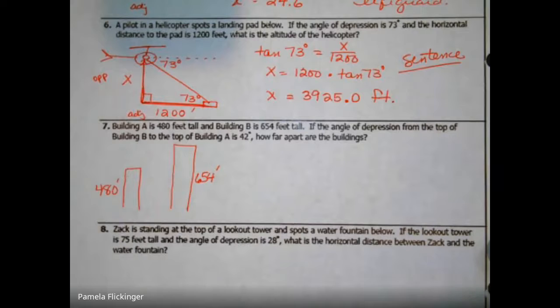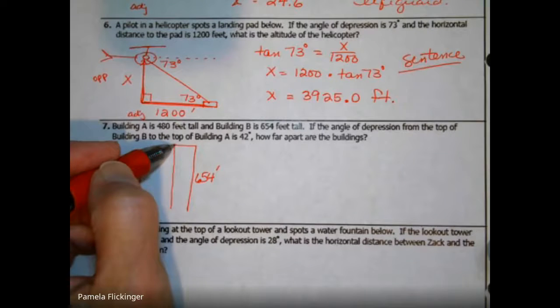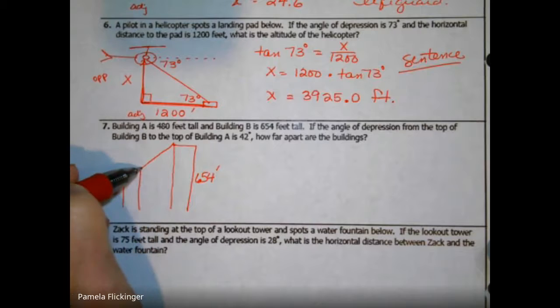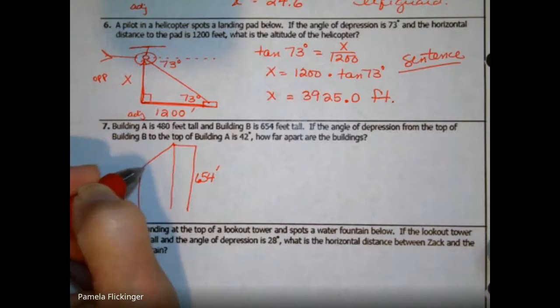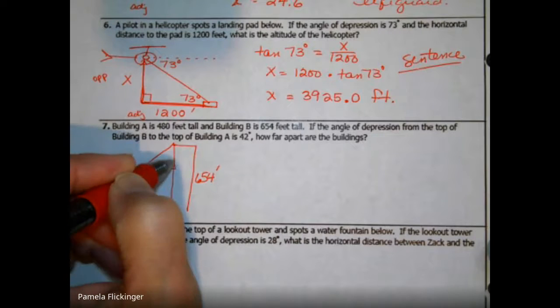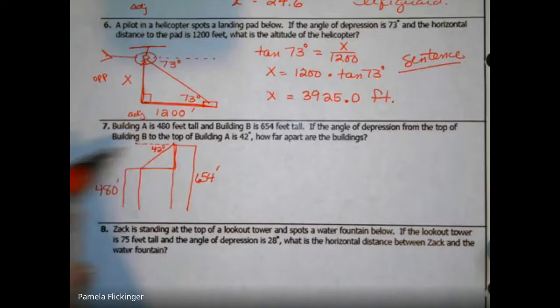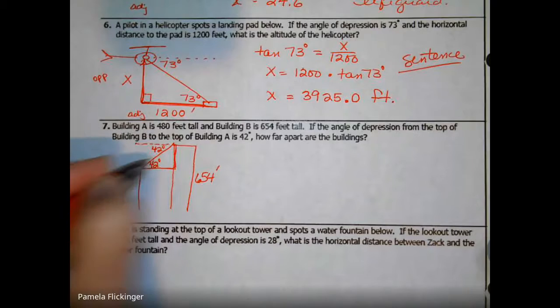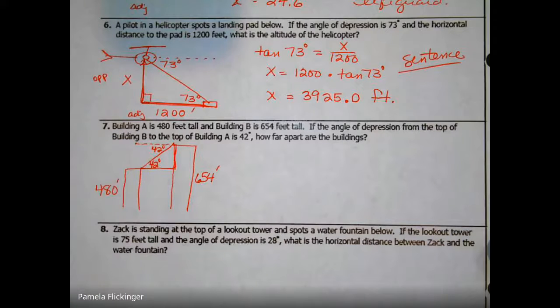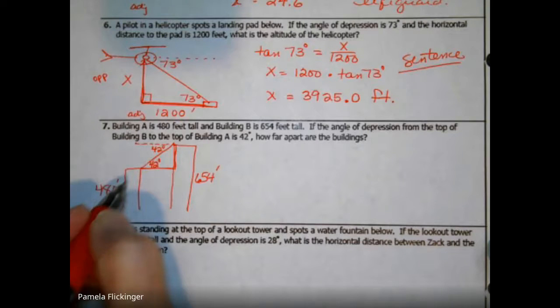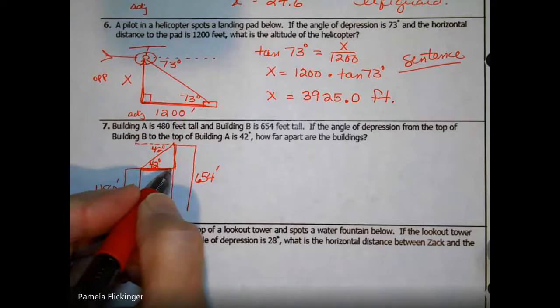The angle of depression from the top of building B to the top of building A is 42 degrees. So notice here's a right triangle. Here would be my angle of depression, so that's going to be the same in there. How far apart are the buildings? So it's asking for this distance right here. That's our missing part.